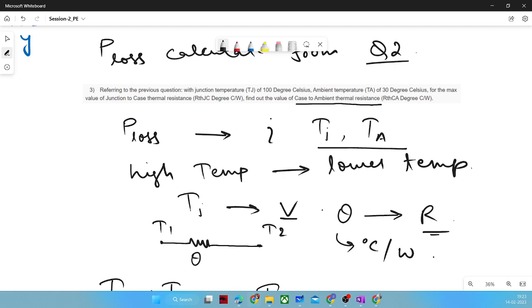Computing the current expression: K into (VGS minus VT) whole square. The drain to source voltage is given.